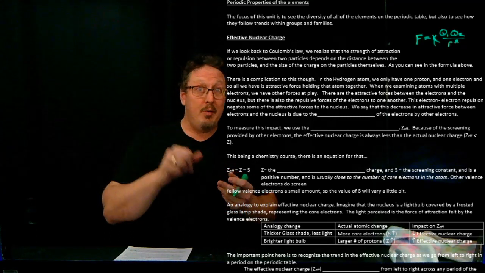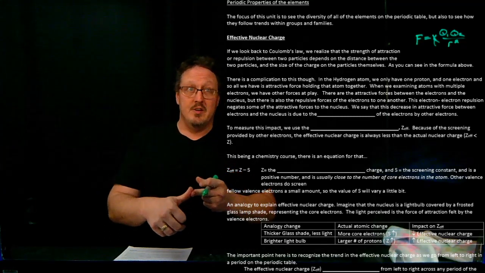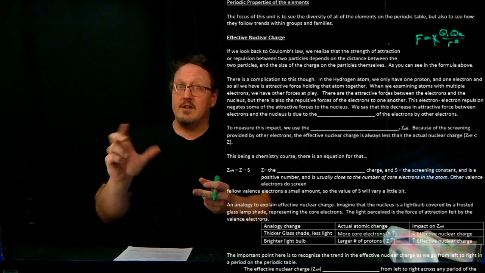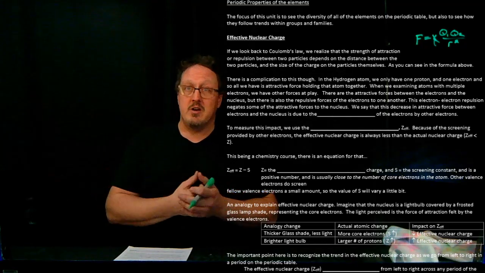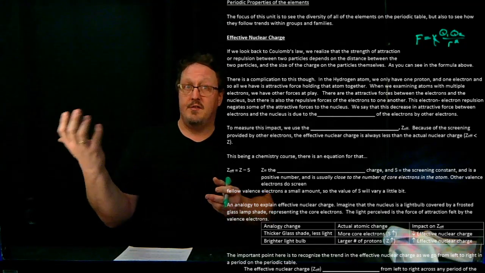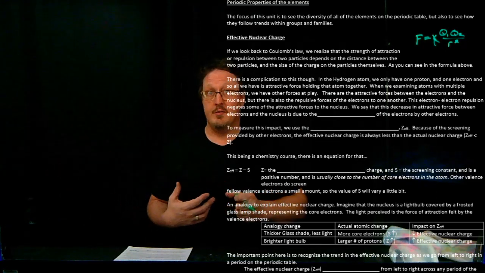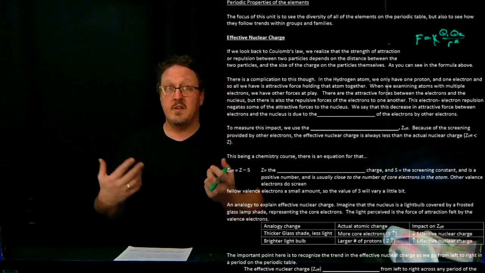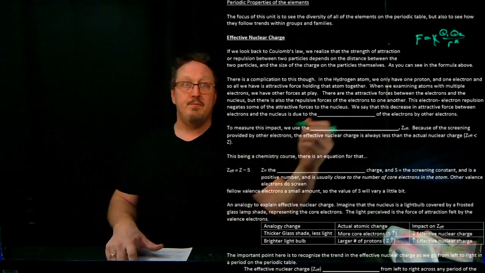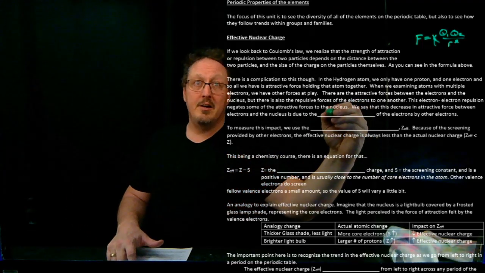We also have repulsive forces from one electron to another. These electron-electron repulsions negate some of the attractive forces that electrons feel towards the nucleus. We say that this decrease in attractive force between electrons and the nucleus is due to the screening of the electrons by other electrons.